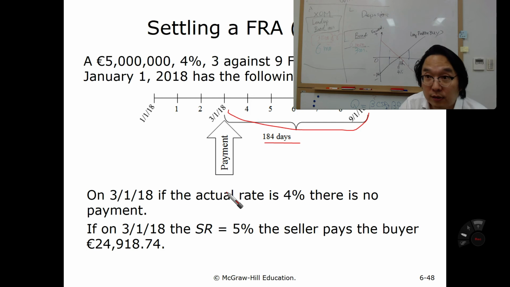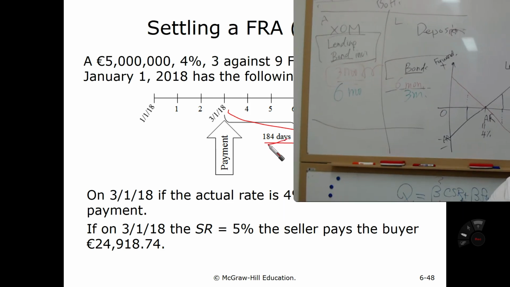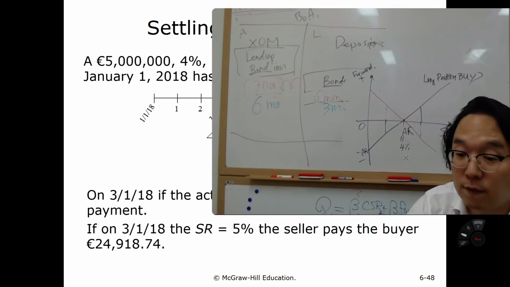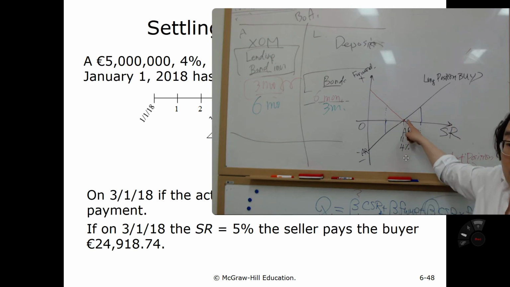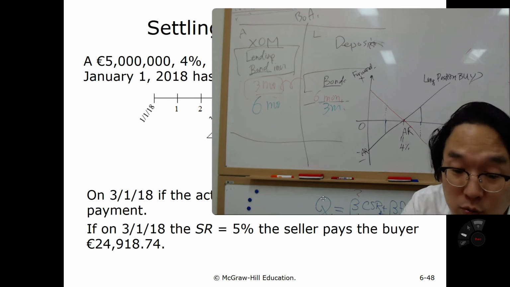The present value of the absolute difference between the AR and SR. Now on March 1st, if the actual rate, the SR, turns out to be 4%, exactly the same, it's break even. Nobody wins, nobody loses.